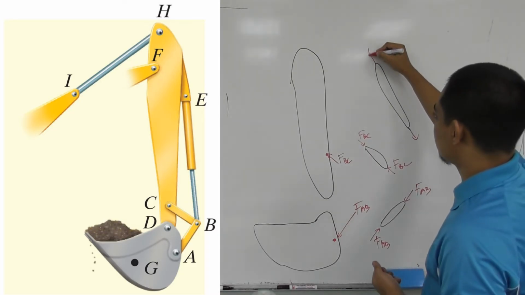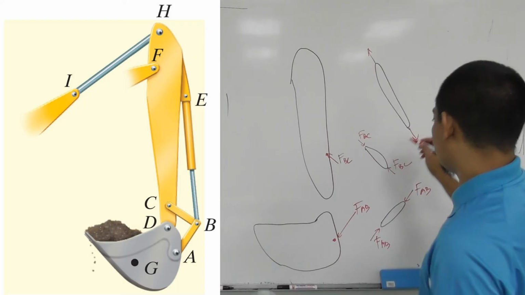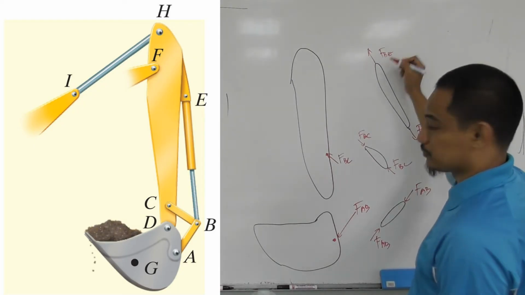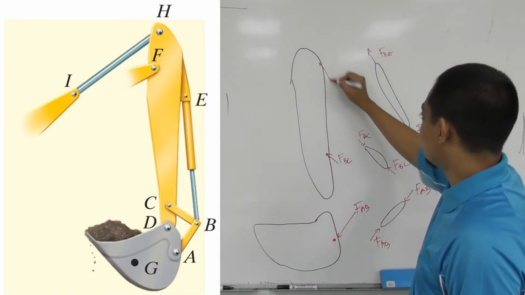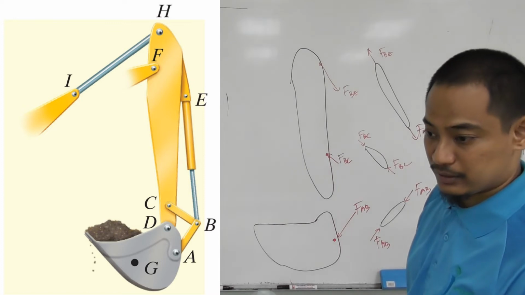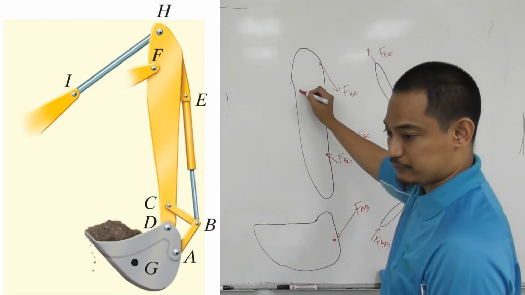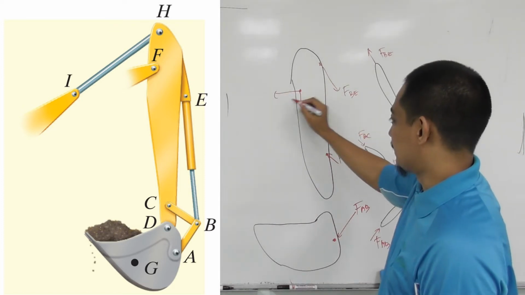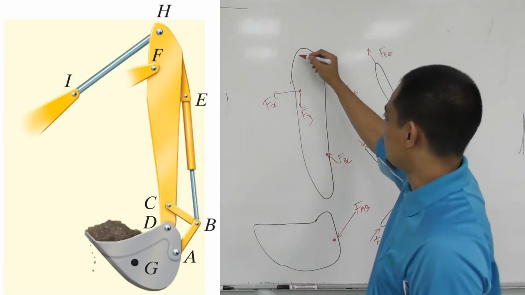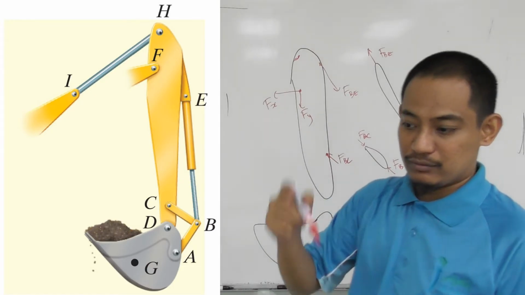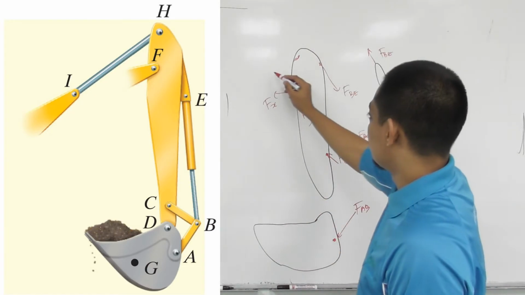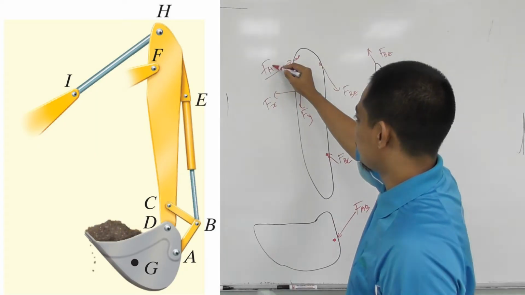Let's say, just to make it interesting, FBE, so correspondingly here FBE, right? And then here you have point F, you have Fx, Fy, for example. All these directional assumptions, and then point H. It depends. Okay, wait. Okay, HI is also a two force member there, so it's also FHI, for example, right?